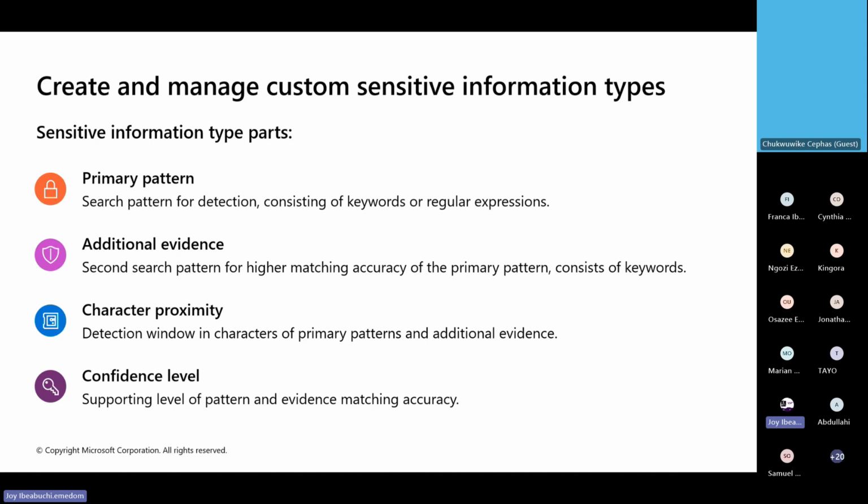Now, when you're creating sensitive information types, what do you look out for? Patterns for detection, consistency of keywords, like I said, regular expressions, right? Cards will always be, I think Visa card is always starting with 4. They have this expression for Visa card, I think it always starts with 4. MasterCard always starts with, I think, 5.